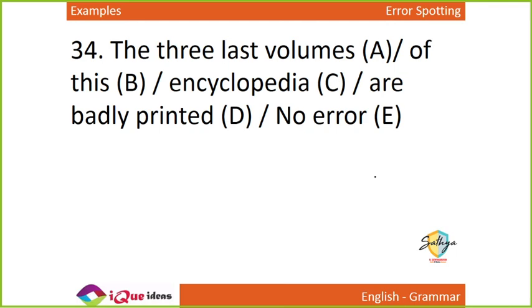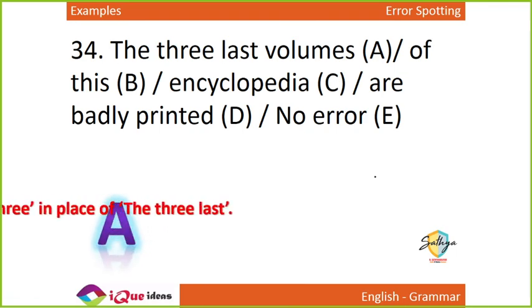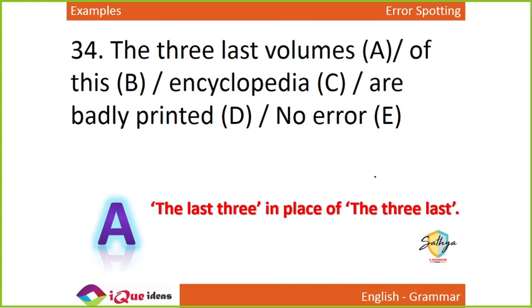You don't say the 3 last volumes. The last 3 volumes of this encyclopedia are badly printed. The last 3 volumes is plural. There can only be 1 last, but there can be 3 volumes. So because of the plural volumes, 3 has to be close to it.